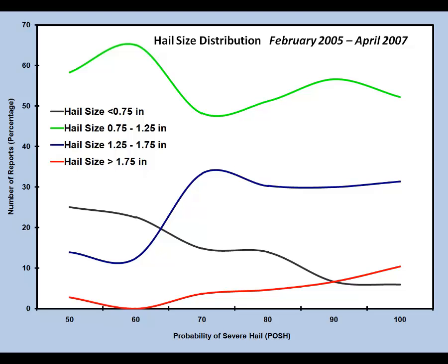You can have a 50 POSH and have that size, or 100, and it's about the same distribution. So again, nothing is foolproof, but it looks to us from this study that it's going to be very difficult to miss some of the larger hail events just based on the HDA itself, or the hail detection algorithm itself.